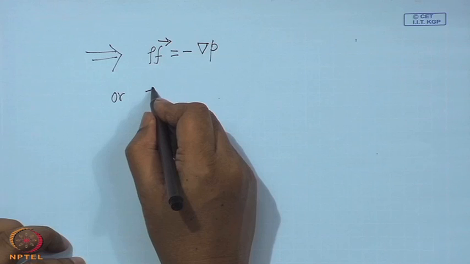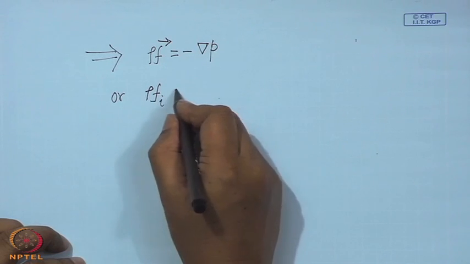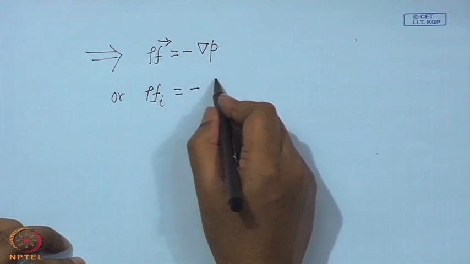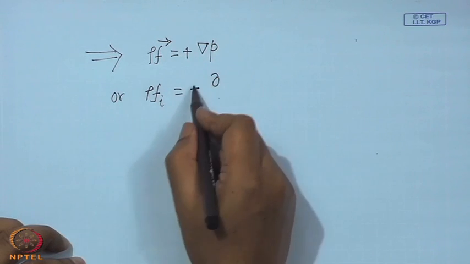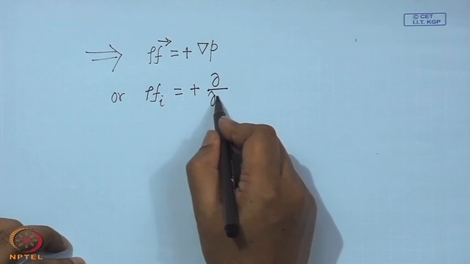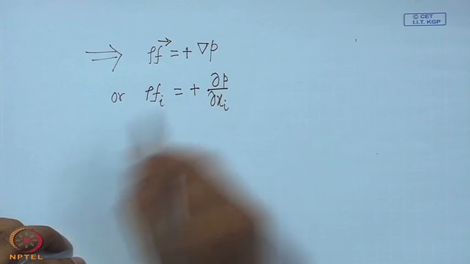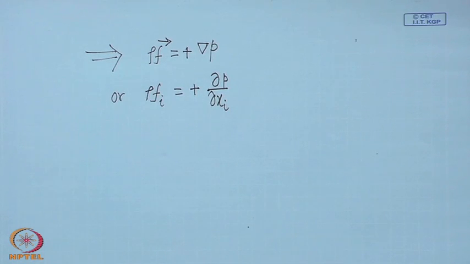So, we will write in vector notation rho f i, this is plus. And as you know, the body force is often the gravitational force, that is, this f is g, and you can have your axis system aligned in such a way that the g has only one component.